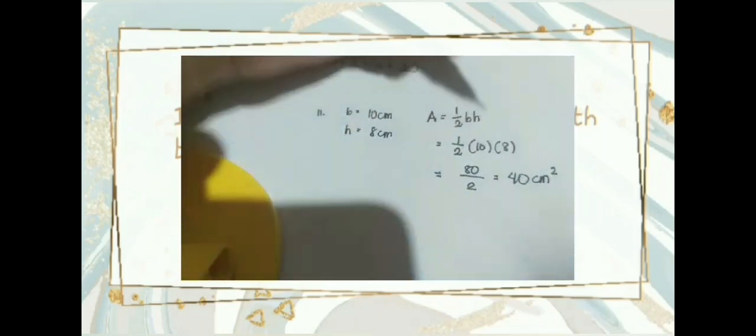So unsa man itong mga formula class? 1/2 times b times h. So now we simplify. Ay, substitute. So atong base ay 10, atong height ay 8. So simplify. 10 times 8 is 80 over 2. Then simplify mo siya 40 cm squared. So the answer is letter.